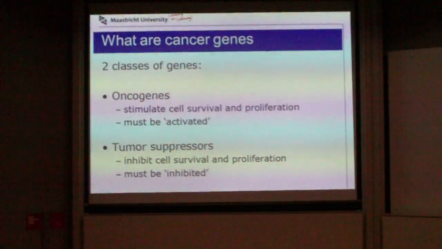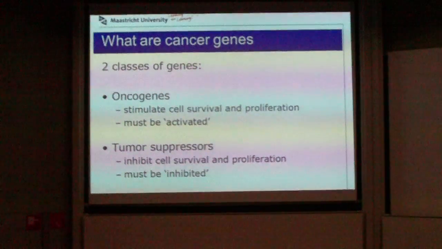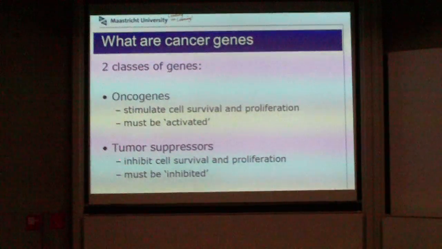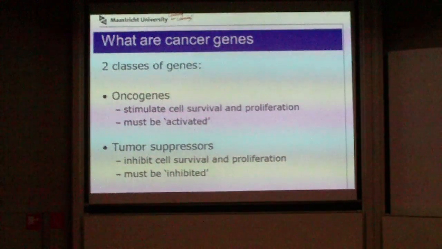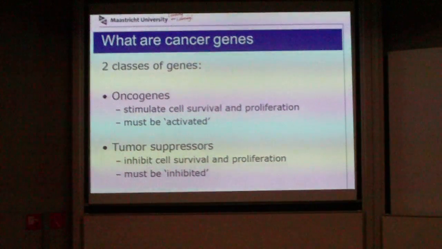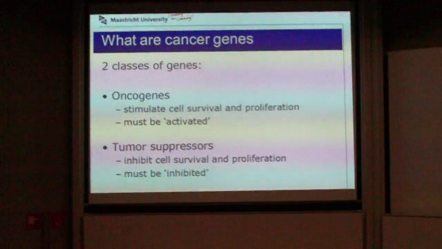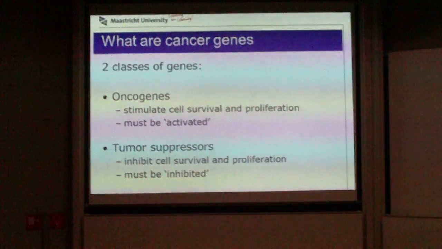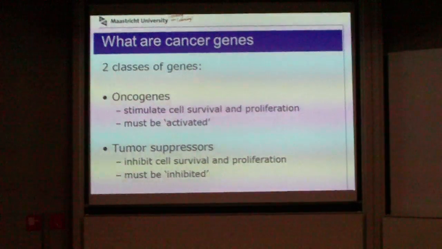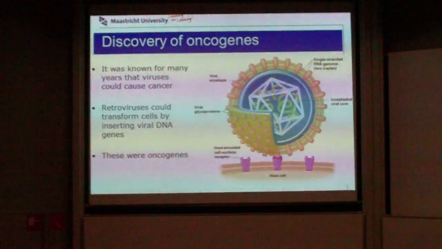If they are activated, they can result in uncontrolled cell growth. Tumor suppressors inhibit cell survival and proliferation, and that is also a normal mechanism, but if they are inactivated, then you lose this suppressive activity, and they also increase the risk of cancer. Now, starting first with the oncogenes.